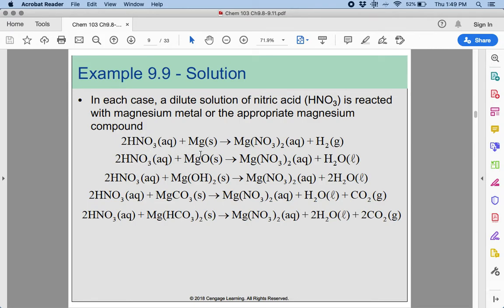Nitric acid plus the straight metal would just give us our desired salt plus hydrogen gas. If we had the oxide of that magnesium metal, we'd get our desired salt and water, right? So on and so forth, going through this process to get all the different types of salts. It's the same salt, but all the different types of reactions that produce different materials.